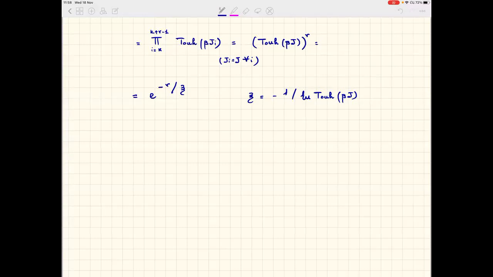And therefore we discover that we always have a finite correlation length with an exponential divergence as t goes to 0. Okay?